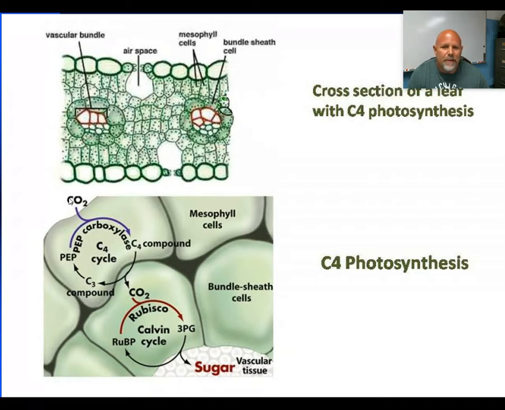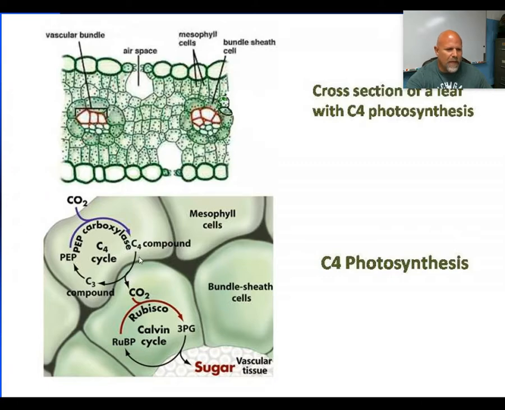So it binds carbon dioxide super well, and it doesn't bind oxygen at all. And so in this particular case, if we look at our picture over here, the carbon dioxide binds with PEPC. It gets brought into the Calvin cycle as a 4-carbon molecule. That's why we call it a C4 plant.